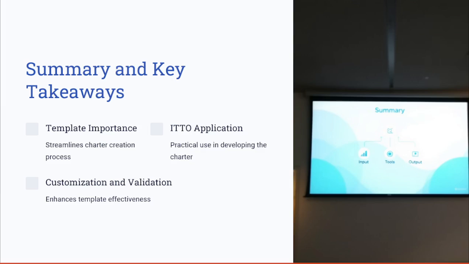We have seen the practical application of the ITTOs in developing the project charter with its benefits. Also, we have to customize and validate to enhance the template's effectiveness and accuracy. This process will ensure clarity, alignment, and a strong foundation for the project before the kickoff.